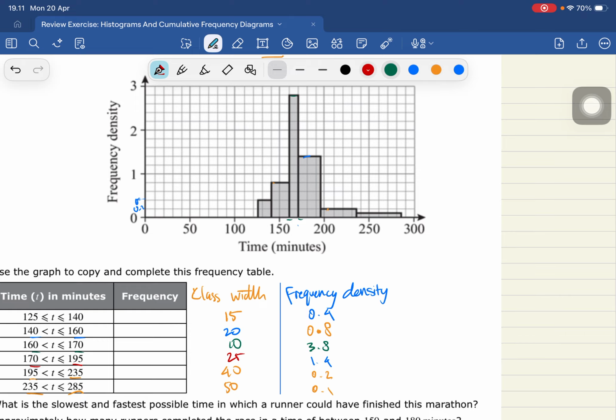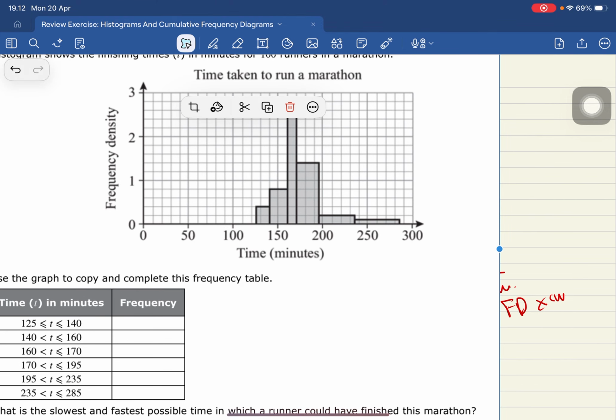To find it, the frequency density is the frequency divided by the class width. Now, if we would like to find the frequency, we multiply the frequency density by the class width. We can see 15 multiplied by 0.4, so the frequency is 6.